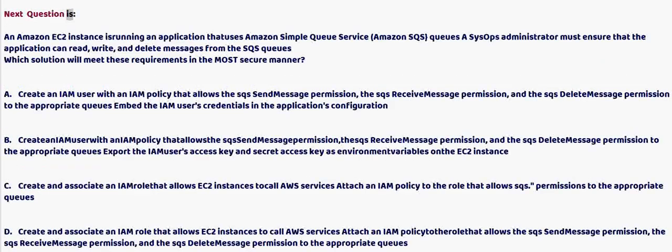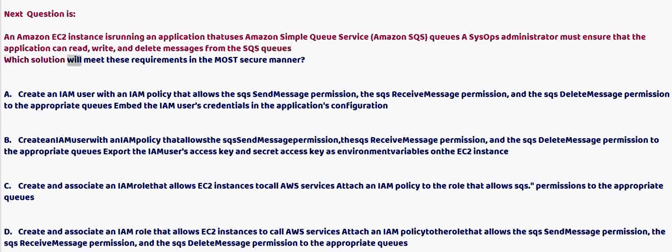Next question is: an Amazon EC2 instance running an application that uses Amazon Simple Queue Service, Amazon SQS queues. A SysOps administrator must ensure that the application can read, write, and delete messages from the SQS queues.